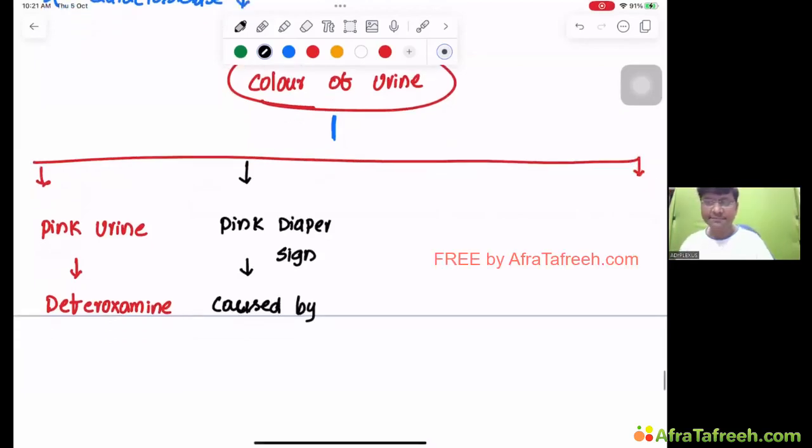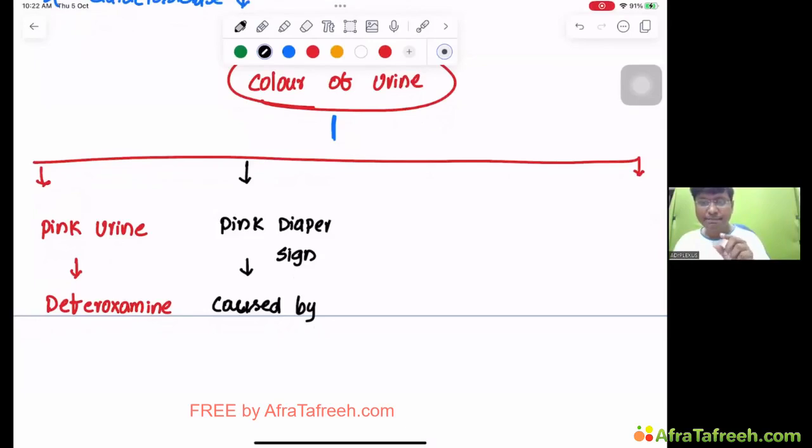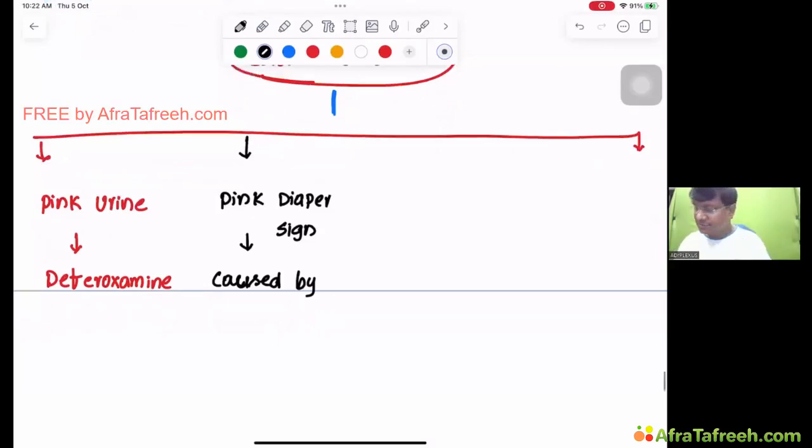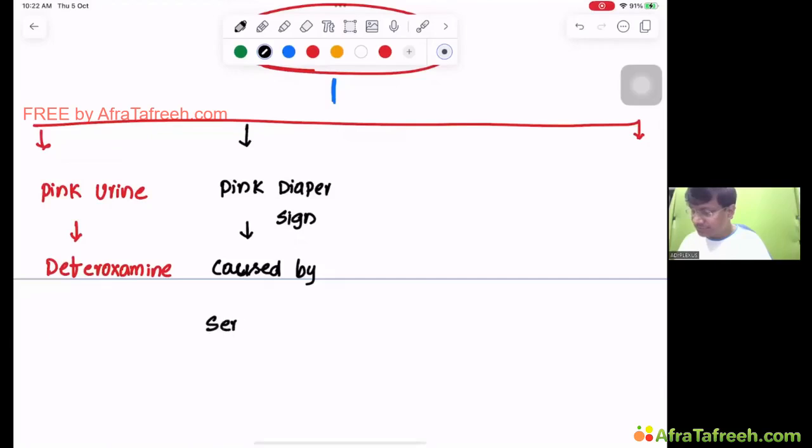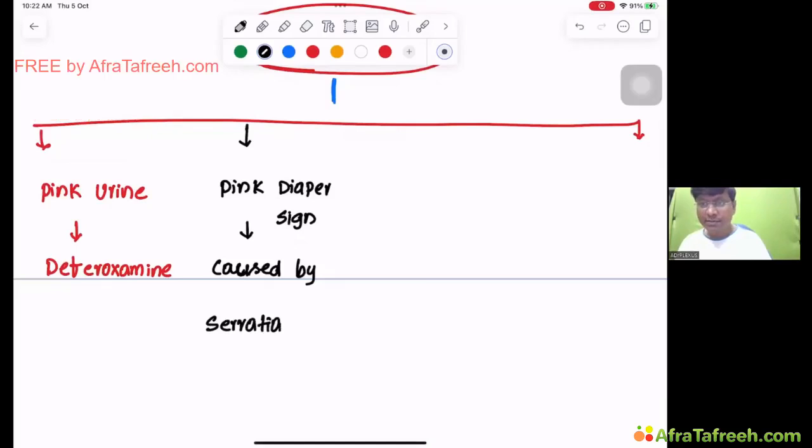What is that pink diaper sign? Pink diaper sign is like the mother will come and tell the doctor that my baby, after urinating, and when I'm discarding the diaper, I can see the pink color within the diaper, which is nothing but pink diaper sign, and which is caused by an organism that is Serratia marcescens, right?